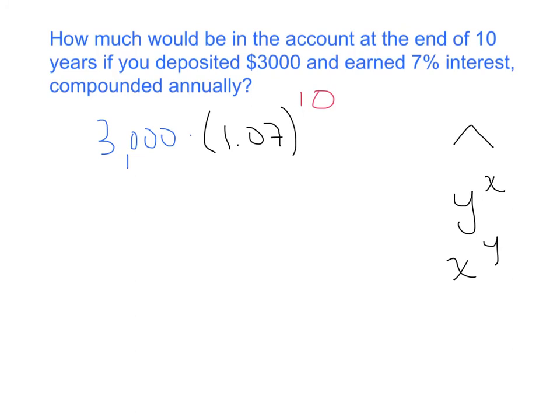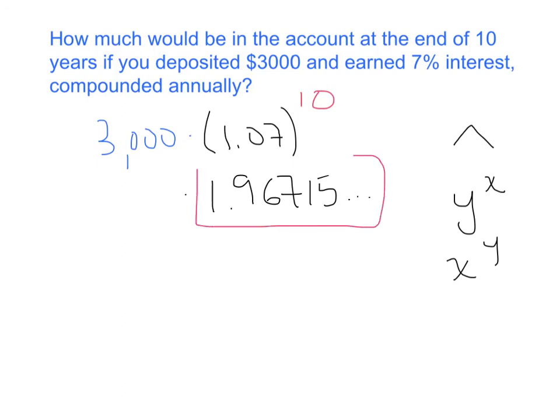So if I use the calculator to find 1.07 raised to the 10th power, I get approximately 1.96715 and some more details, which is now going to be what I'm going to call the multiplier, which I've boxed in, of $3,000.